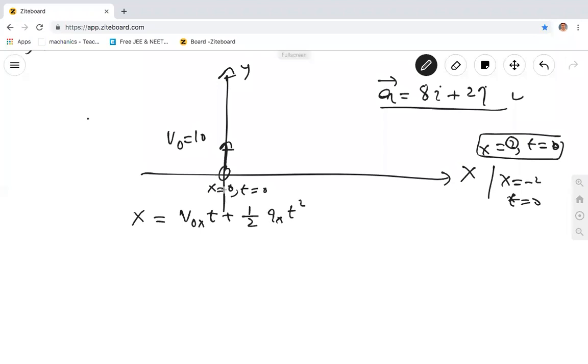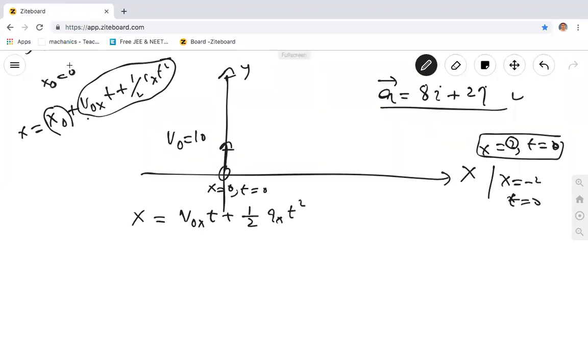But he says the particle starts from the origin, so you don't need to add something initially like plus x0. Basically the relation is x is equal to x0 plus v0x t plus 1 by 2 ax t square. But you generally write this because in most cases we suppose this x0 is equal to 0. That means the particle starts from the origin.